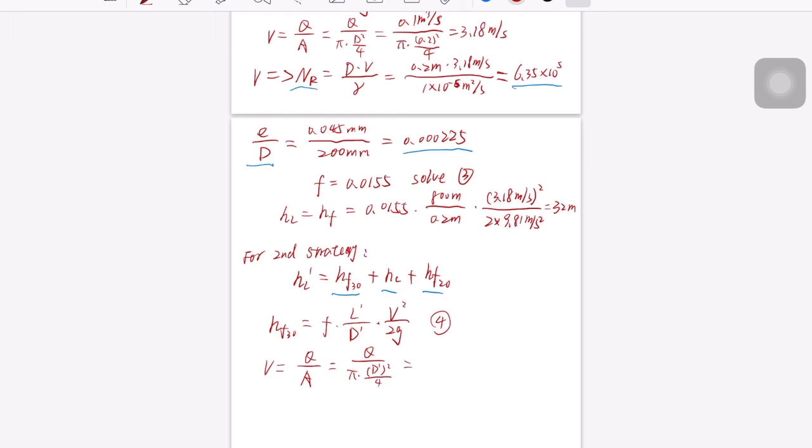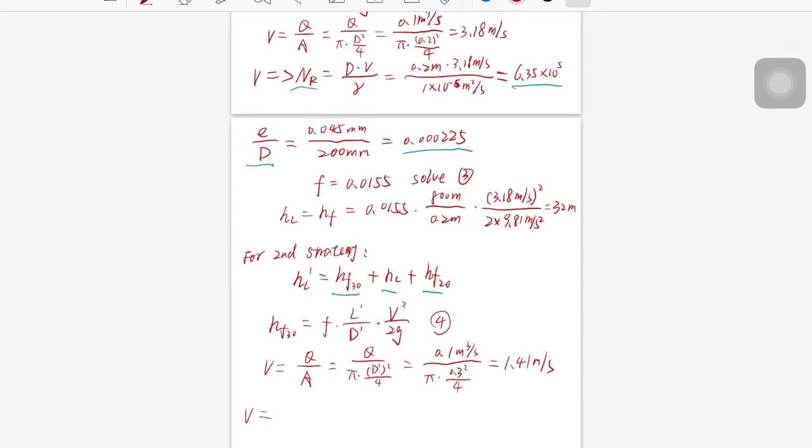So equals 0.1 cubic meter per second divided by pi times 0.3 squared divided by 4. So the value is 1.41 meters per second.